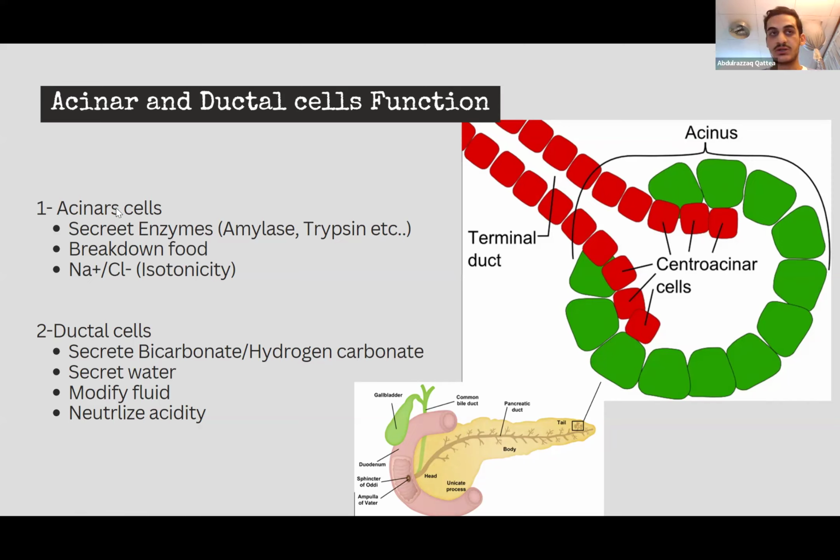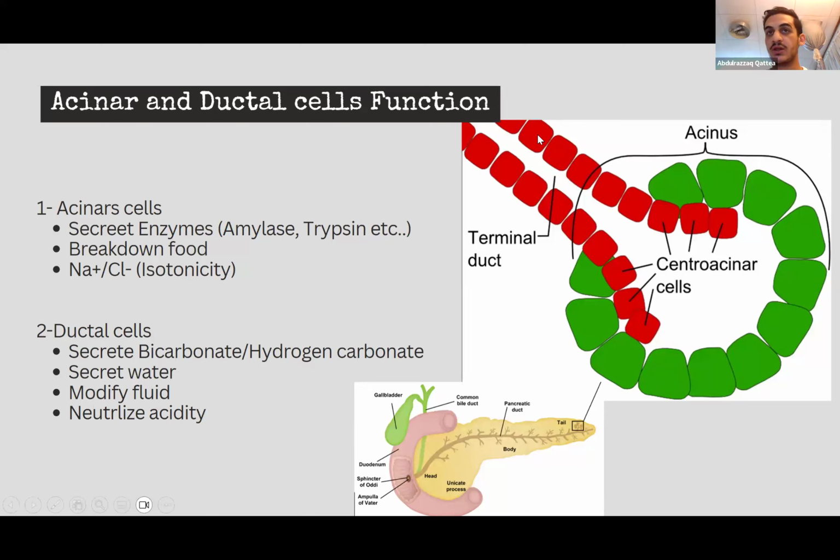What is the function of these cells? They secrete the digestive enzymes, which are amylase, trypsin, and so on. They also secrete sodium and chloride, and they control the isotonicity. So the function of the acinar cells is to secrete the digestive enzymes.